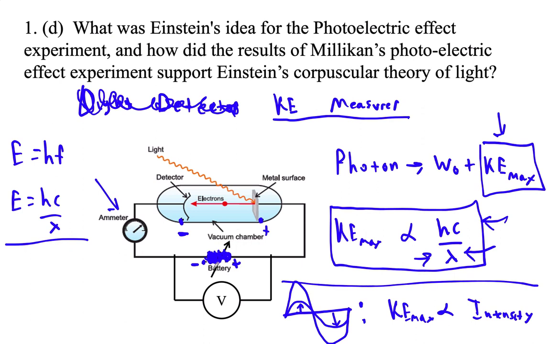So you adjust the voltage upwards until the ammeter reads 0. Then you read the voltmeter, and the voltmeter tells you basically the electron volts of the most energetic photoelectrons. So that would be how you operate this.